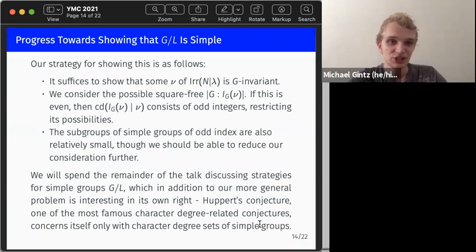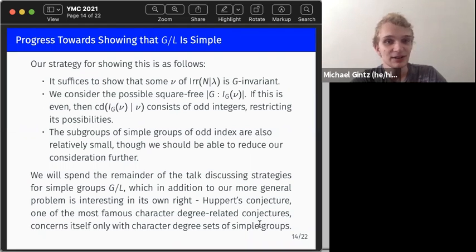So now that we've shown that G over N is simple, we're going to give a little bit of insight into why we think G over L is simple. So first of all, by the theorem we just showed, if our inertia group is all of G, then we're pretty much done. That means it suffices to show that some element of the irreducible representations of N given lambda is G invariant. And we consider the possible square-free values of this index.